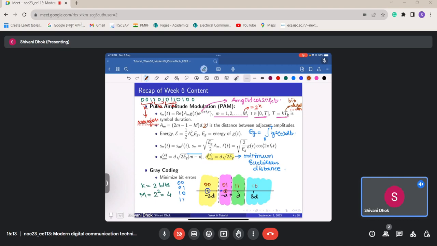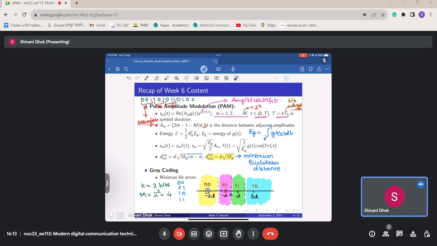We can clearly observe that this and this vary only at this place, the first place, that is the LSB. Similarly, this and this vary only at this place. These two vary at this place, and so on.